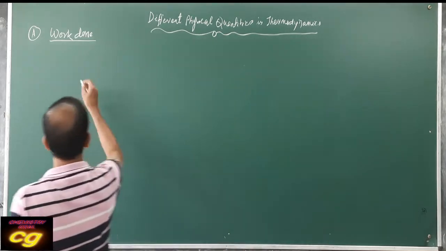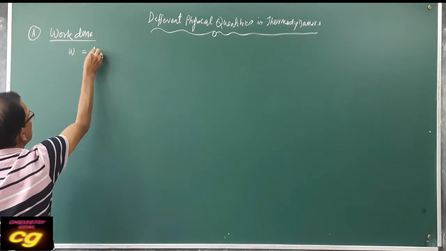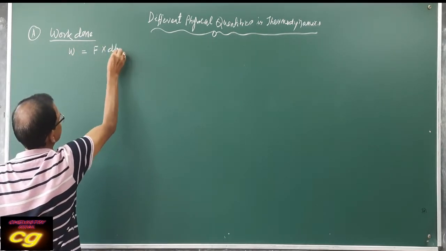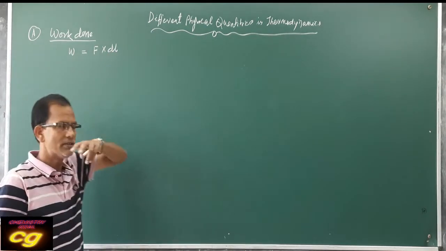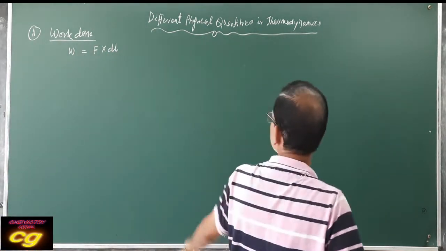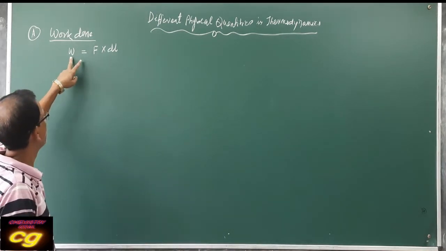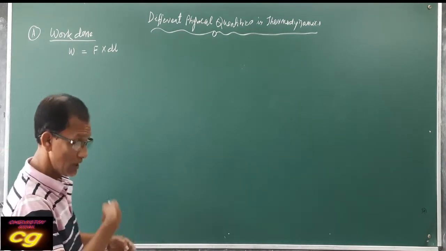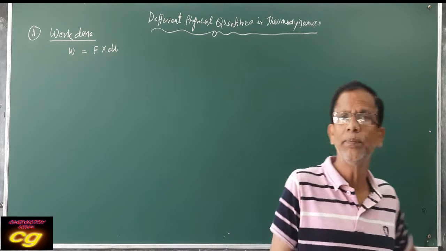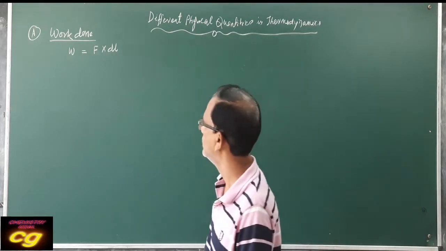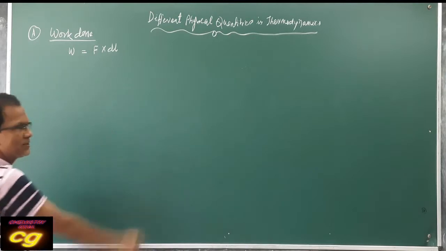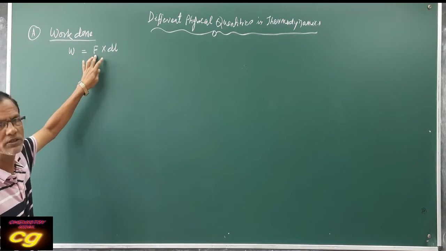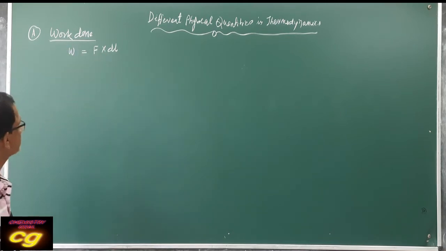We already know that work will be done when the system is displaced in the direction of force. Here force deals with the change in distance. The calculation is that work is force into distance. But this type of work is mechanical work, force into displacement, where displacement should be in the direction of force. Then you get the work done.